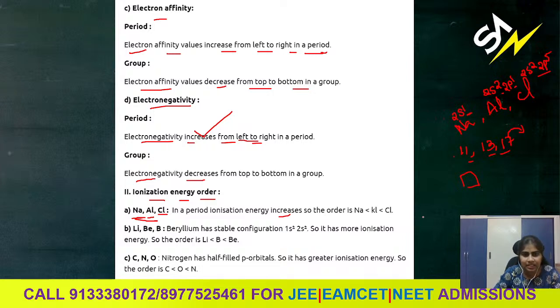And for lithium, beryllium and boron, they are second period elements, with atomic numbers 3, 4 and 5. What happens? Beryllium has a stable configuration.